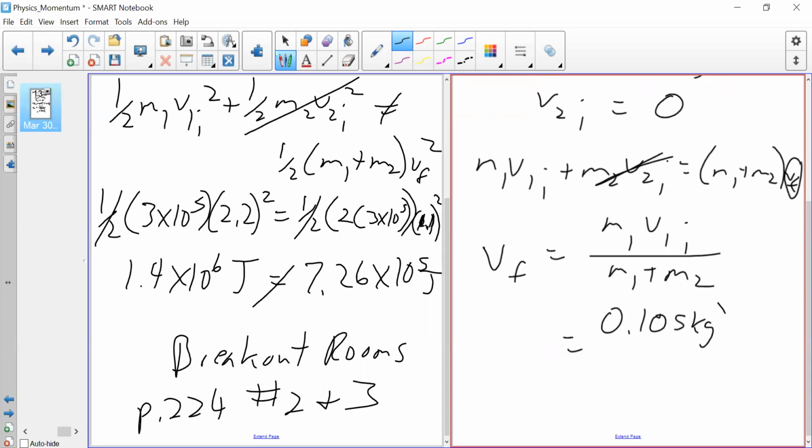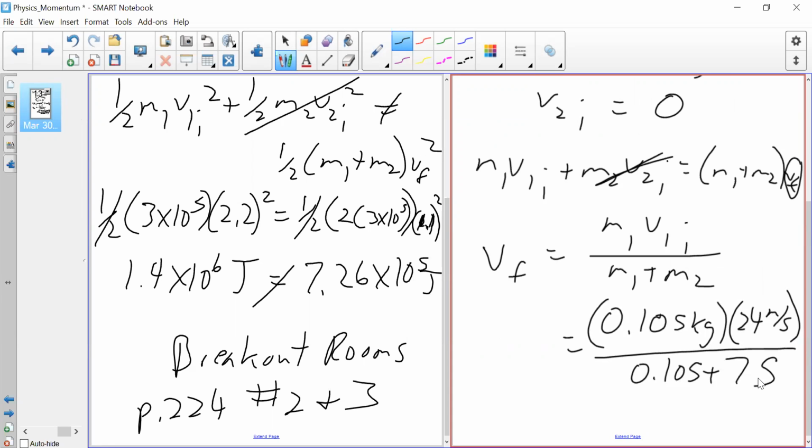0.105, 24. And that should give us our answer there. Let's see if you guys got that. So again, this is going to be part of the notes. So make sure you have all that.